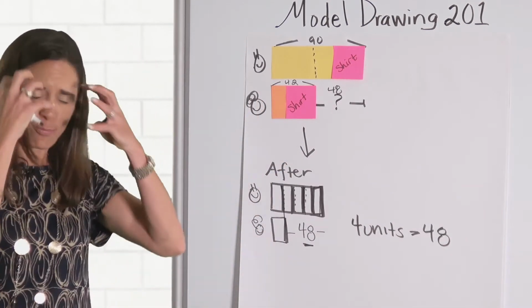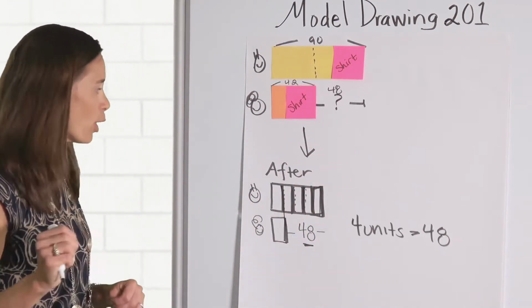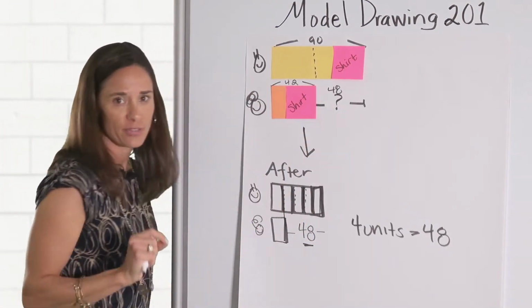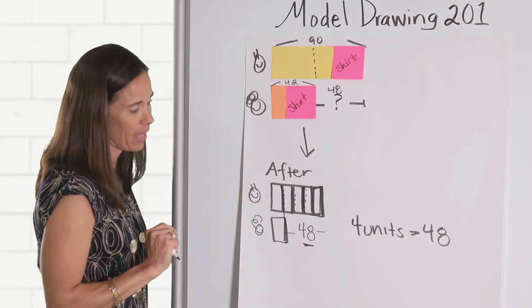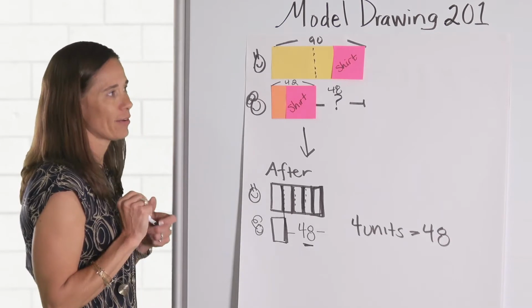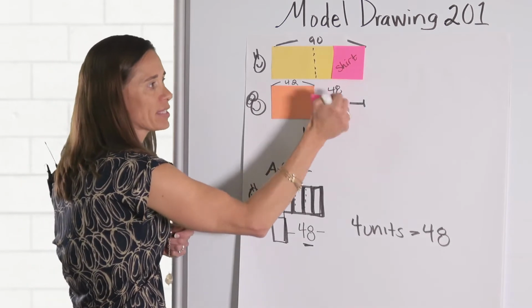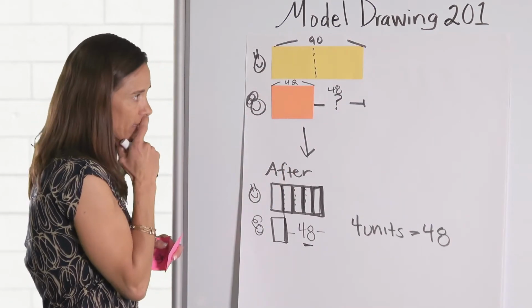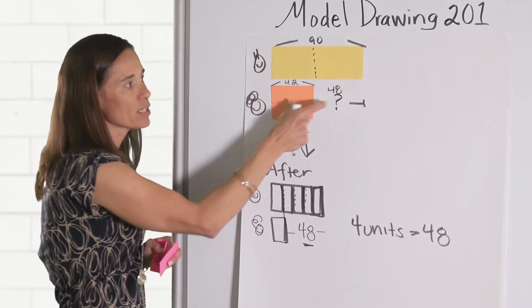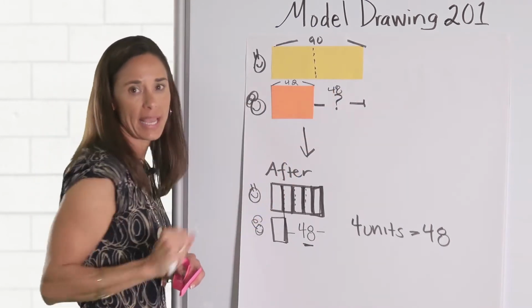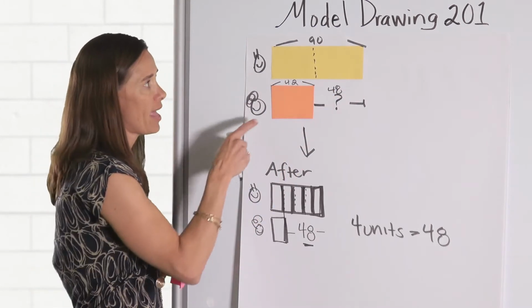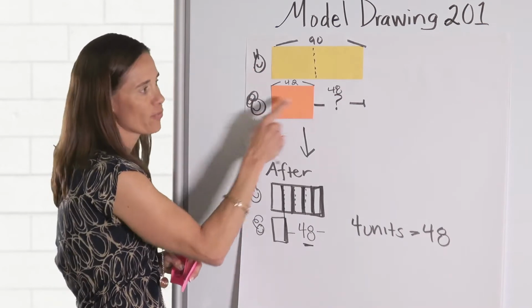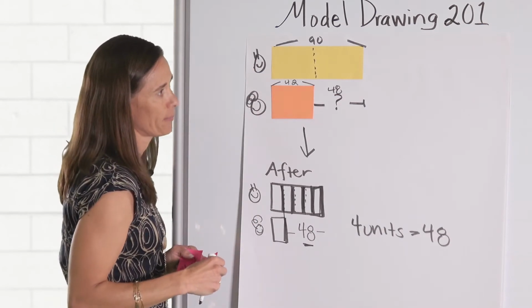So I know your brain has probably exploded trying to figure out how this 48 came into play. So let's rewind a little bit. We know at the start that there's a relationship between 90 and 42. We also know that Spiky has $48 more than Curly.